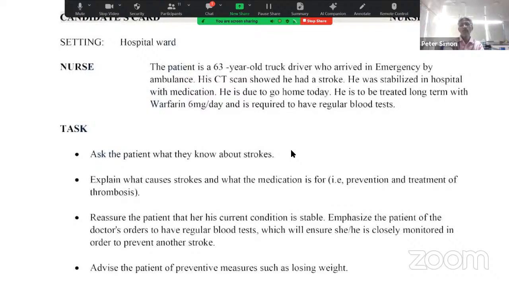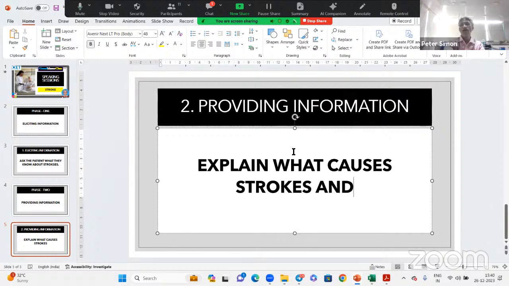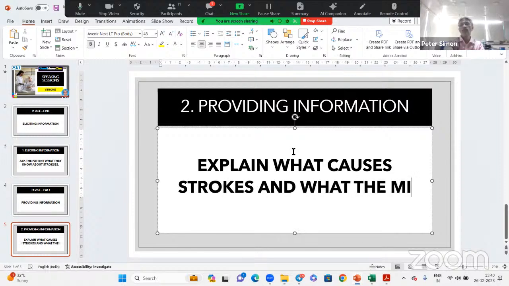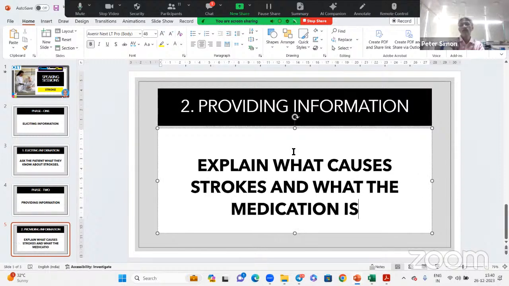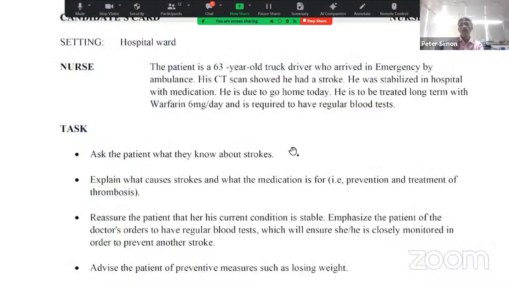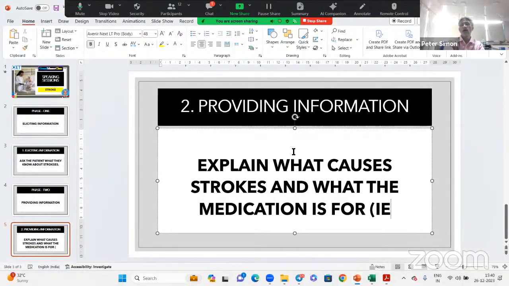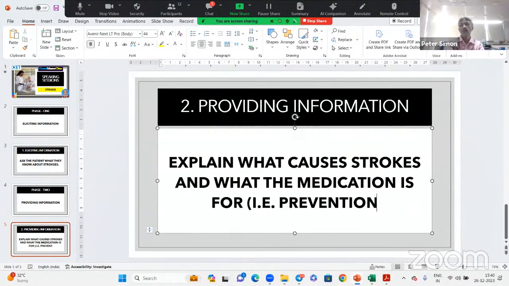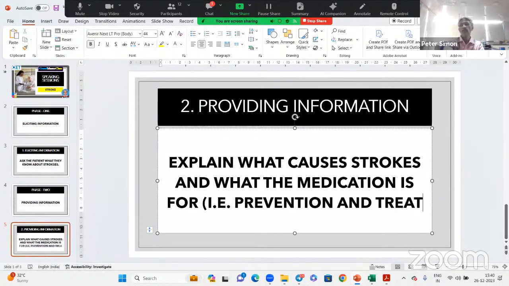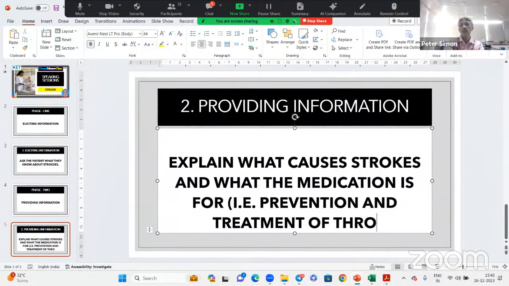And explain what the medication is for, in brackets, i.e. prevention and treatment of thrombosis.